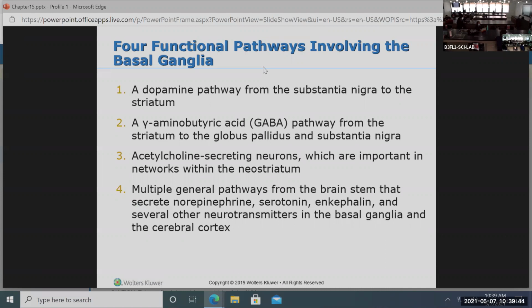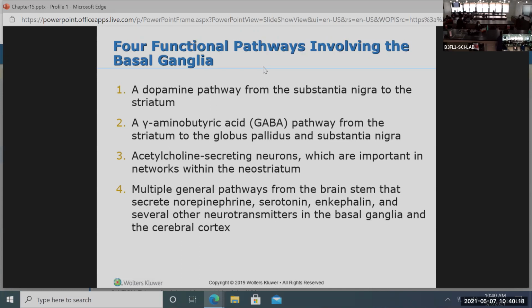The next pathway is GABA, the gamma-aminobutyric acid pathway from the striatum to the globus pallidus and the substantia nigra. Substantia nigra is the key area of the basal ganglia. Of course, we also have acetylcholine-secreting neurons, which are important in the network with the neostriatum. Neostriatum is the new corpus striatum.